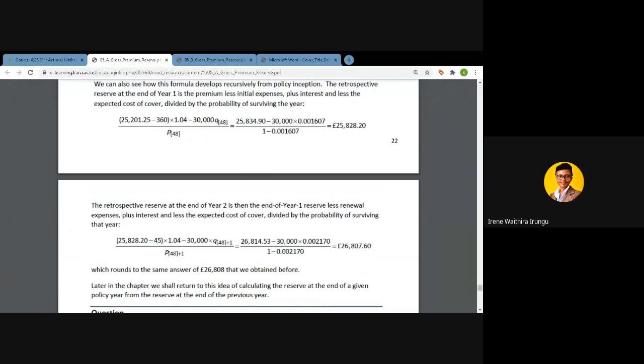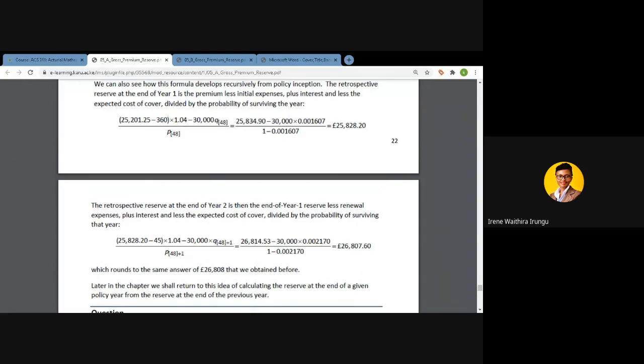So in this case, we only had a renewal expense, and you accumulate that for the 1 year. So you're now accumulating the difference of the reserve in the previous year minus any expenses, which in this case was only a renewal expense of 45, and you accumulate it over that 1 year period from the end of year 1 to the end of year 2.